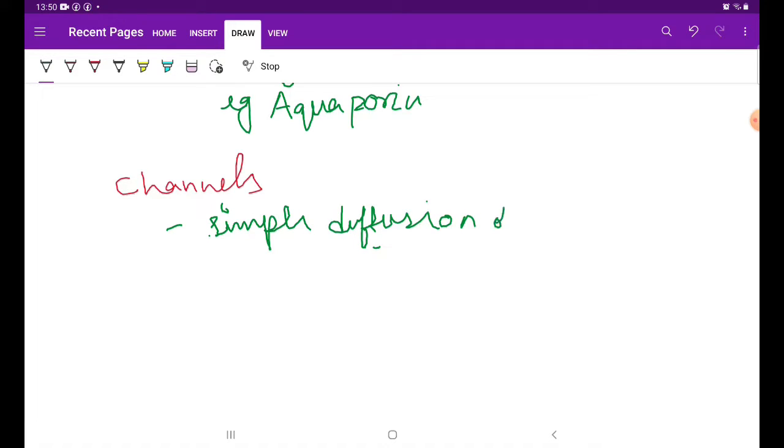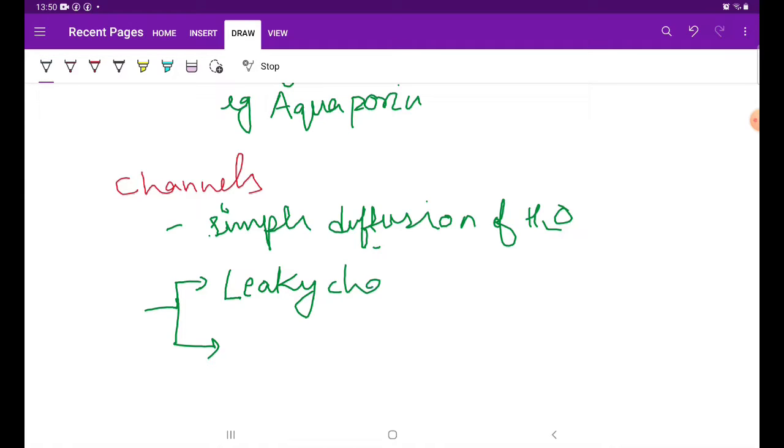That is the property of channels, and there are 2 types of channels. One is the leaky channel. The other one is the gated channel.